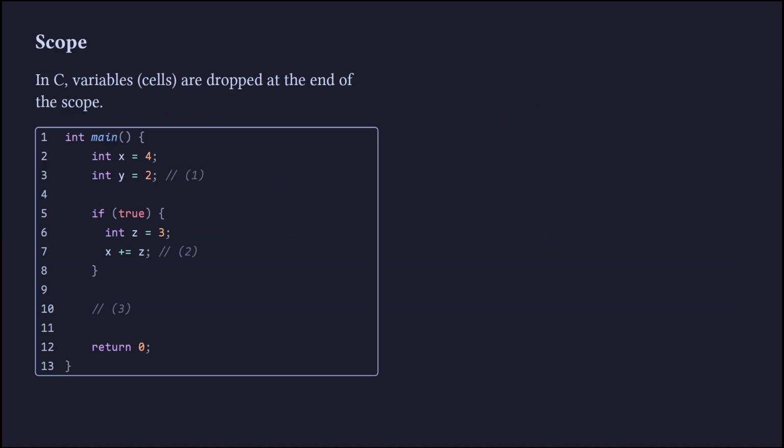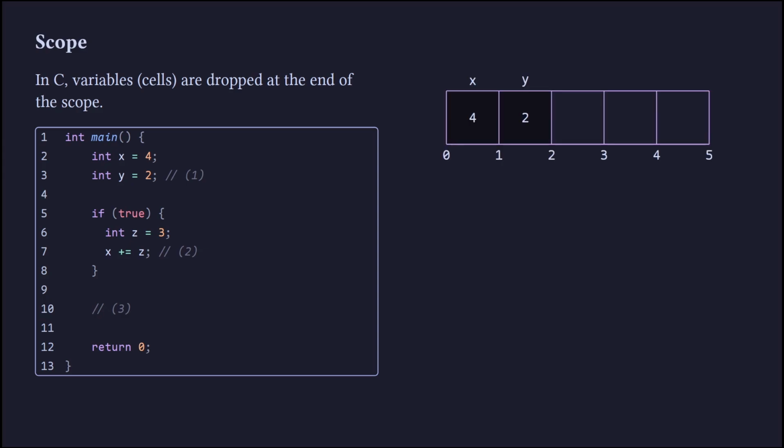A note about variables in C that has a major difference to the way that variables operate in Python and Java that will have some implications for later. Variables are dropped at the end of their scope. In this case, I'm just using if true to create a scope that always executes. At the start, we allocate our variables x and y and assign them their values.